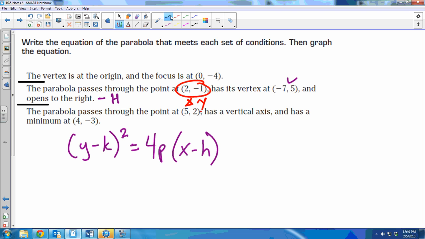Okay? So y in this case is -1, minus k is 5. And then x is 2, minus h, which is -7, so plus 7.